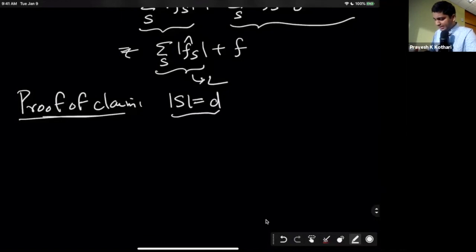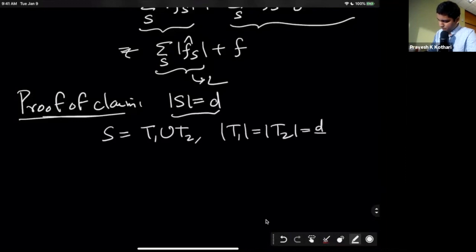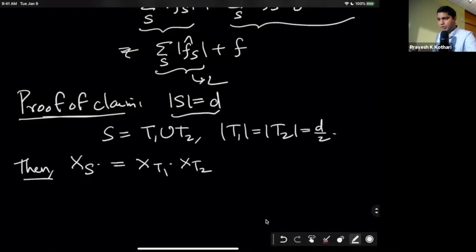So the observation is that S is of size D and we are assuming that D is even here, which means that S can be written as an arbitrary partition of S into two sets of size D over 2. Then, we know that X sub S equals X_T1 times X_T2. Good.